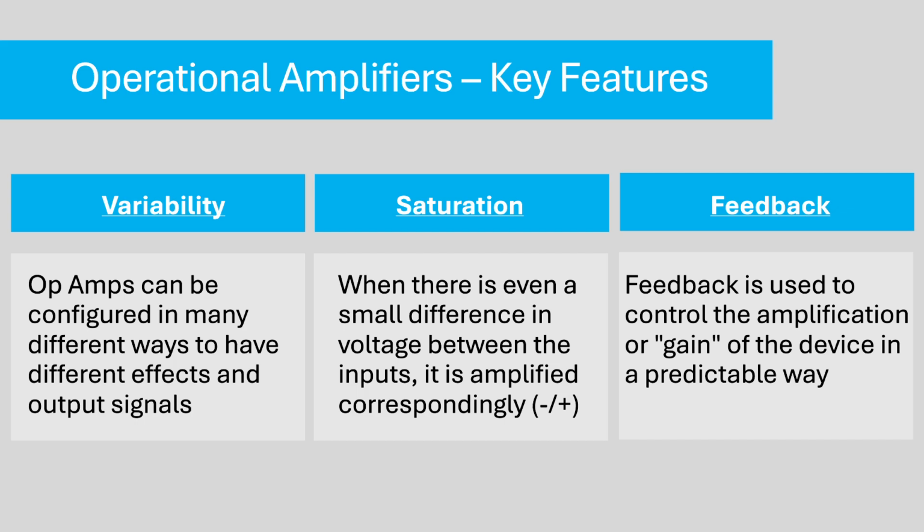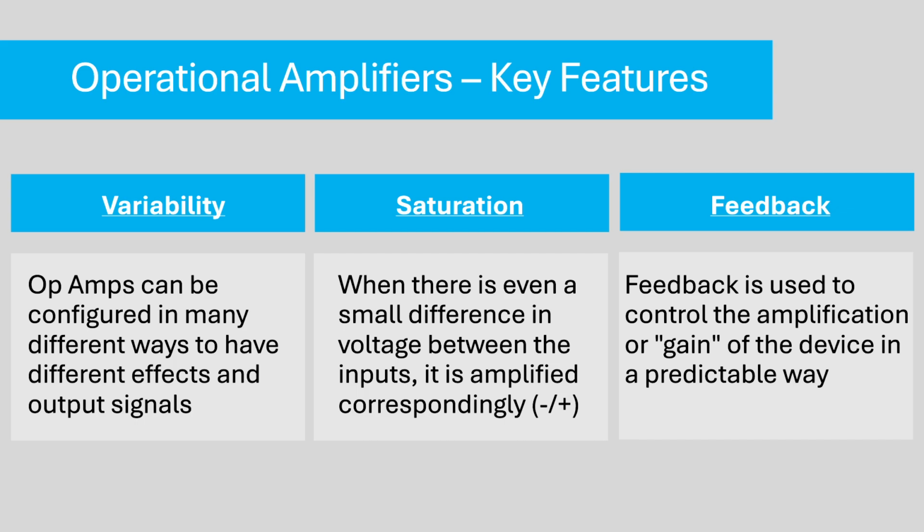The next thing I want to talk about is saturation. This is a key feature of operational amplifiers because it basically helps us to amplify things. As you'll see later in the difference amplifier, we can take a small difference between the input and output terminals, and we can saturate that difference so that we get the full output that we are expecting.